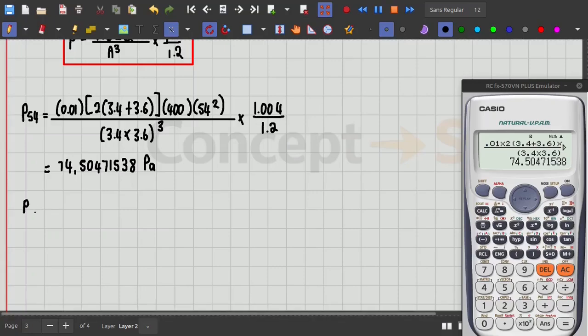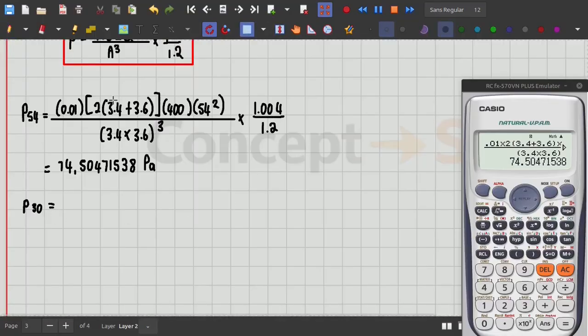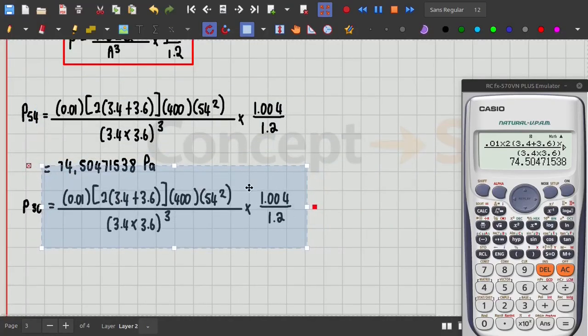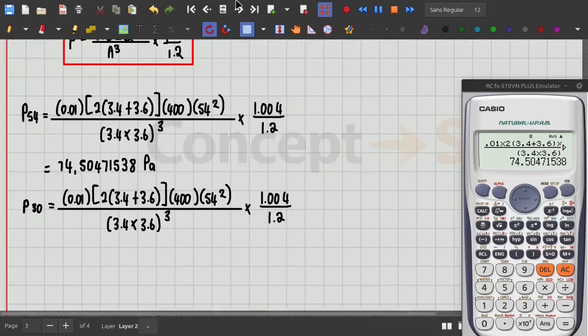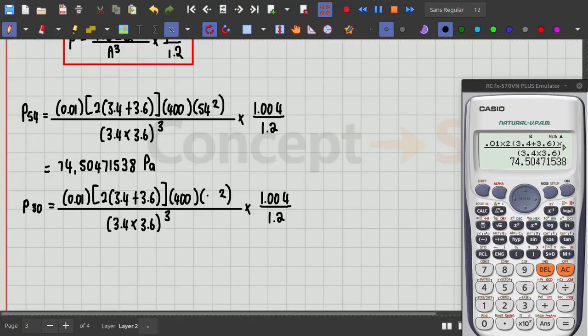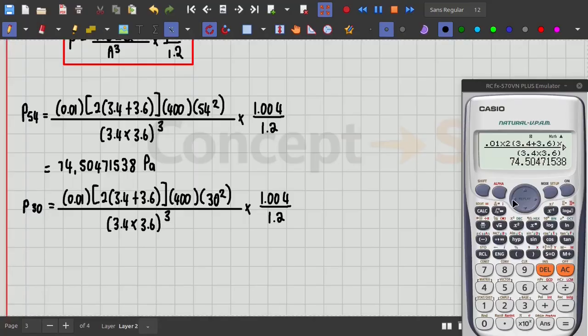Do the same for P30. It's going to be 0.01, 2 times (3.4 plus 3.6), close that, 400. This time we have 30 squared all over (3.4 times 3.6) to the power 3, multiplied by 1.004 over 1.2.